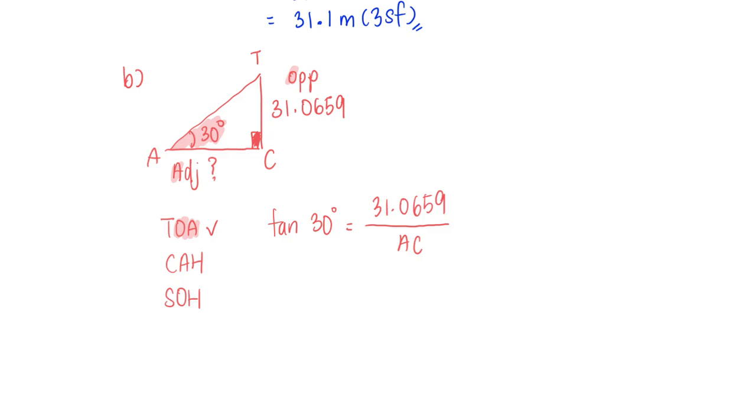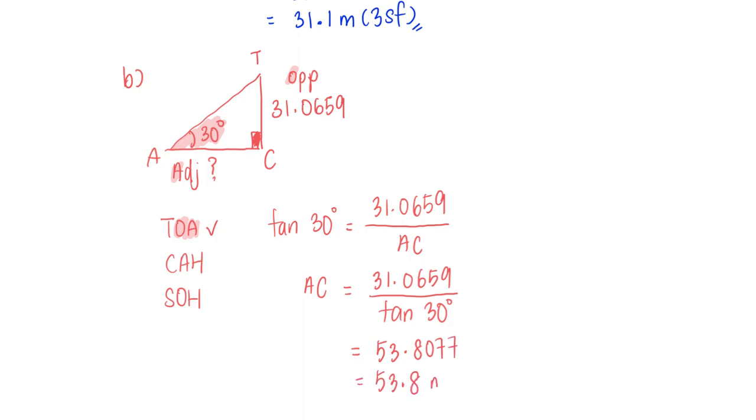Doing some algebraic manipulation, multiply AC on both sides and divide by tangent 30 degrees on both sides, which will give me this particular step. And this will give me a value of 53.8077, 53.8 meters to 3 significant figures.